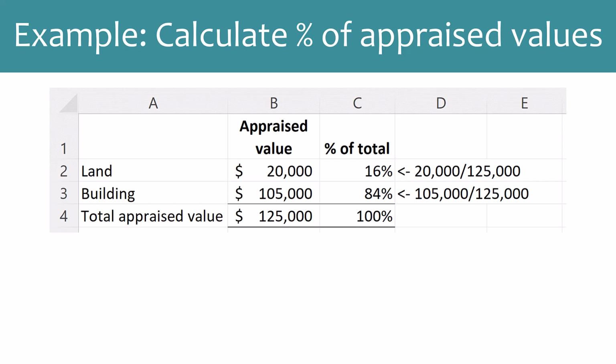So to get the land, we would take $20,000 divided by $125,000 to get 16%. For the building percentage, we would take $105,000, that's the appraised value for the building, divided by the total appraised value of $125,000, and we get 84%. So those are the relative weights of what we purchased.